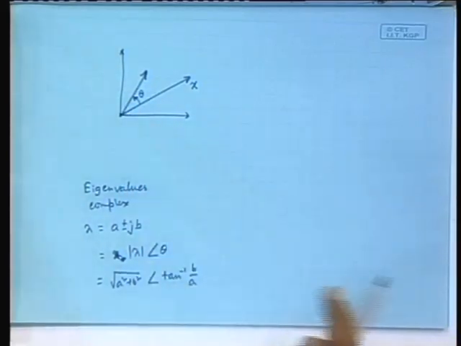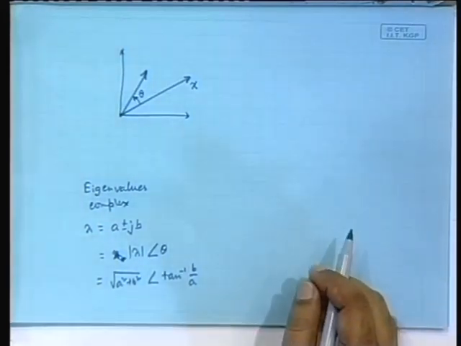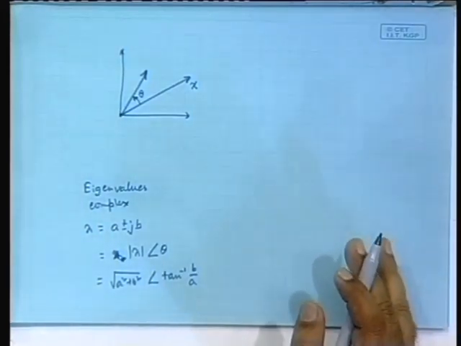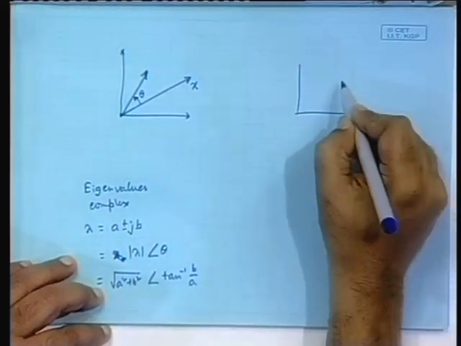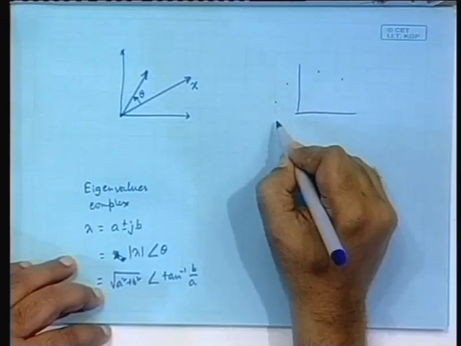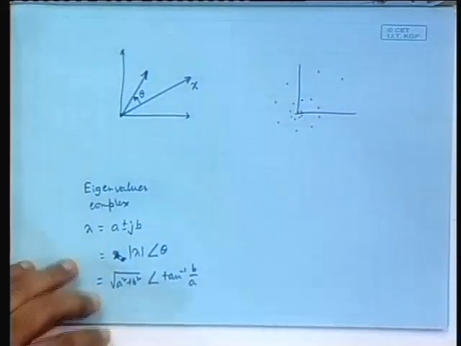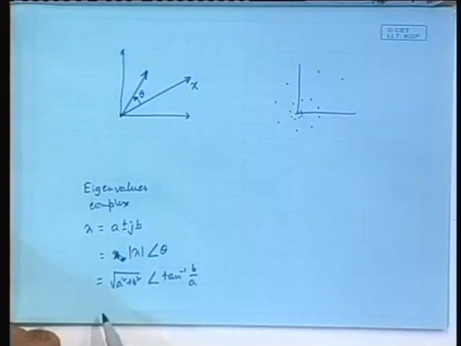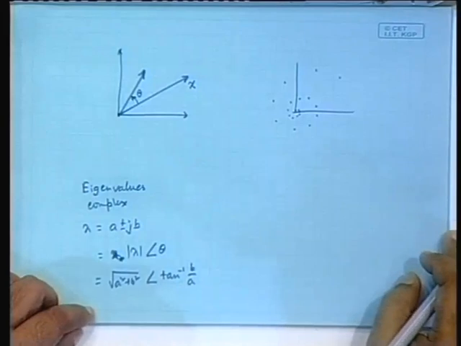But remember, it is not a continuous motion as you had encountered while dealing with continuous time systems, differential equations. This will be like a set of points that go jumping like this, but ultimately converge. Are these points visible on the screen? Okay.